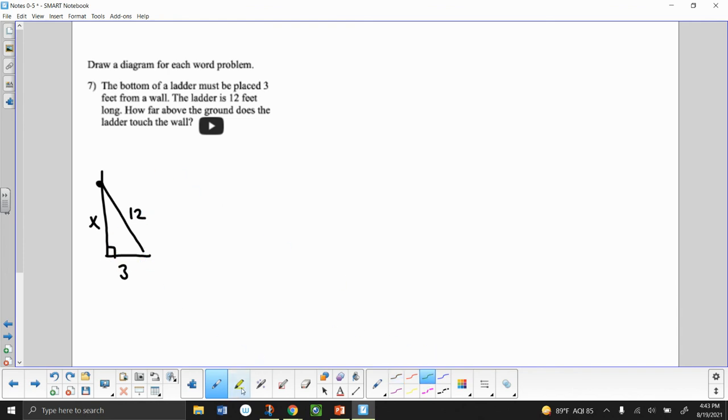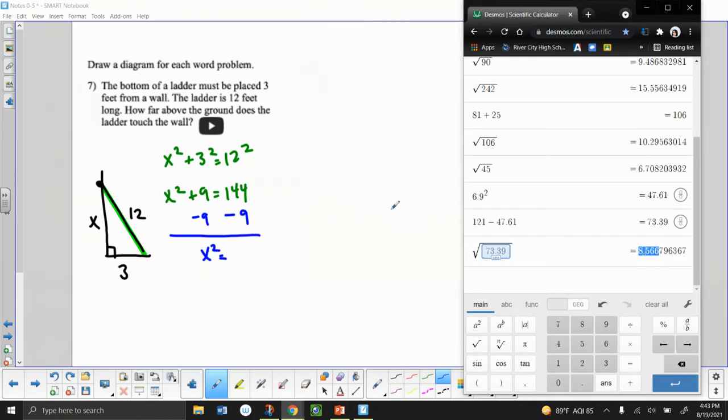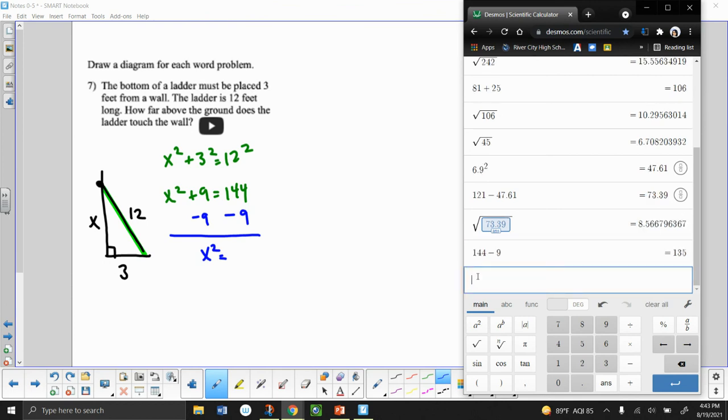Now we're just going to do Pythagorean theorem. This is my hypotenuse. So it's going to be x squared plus 3 squared is equal to 12 squared. So x squared plus 9 is equal to 144. This one we're going to subtract. 135.